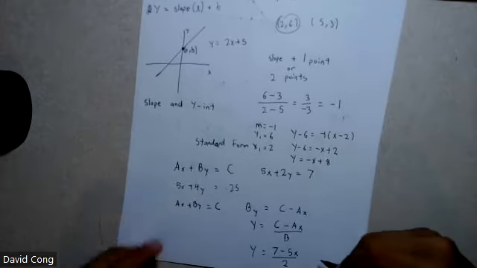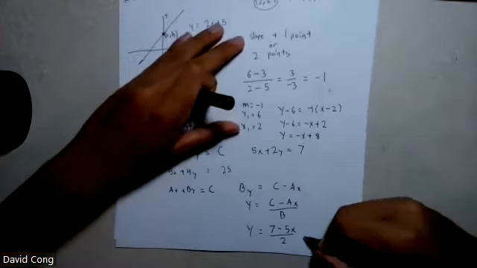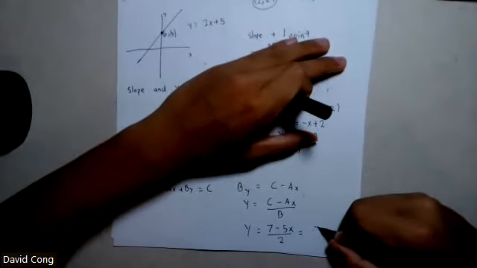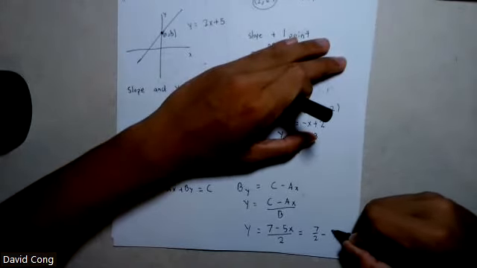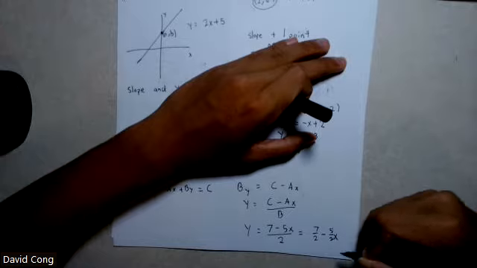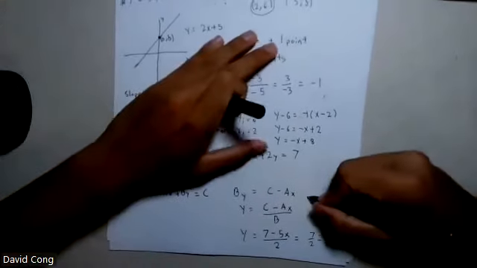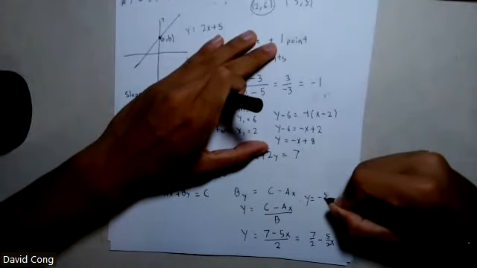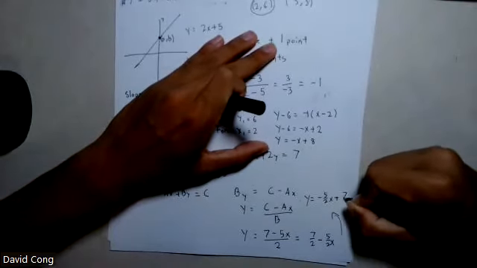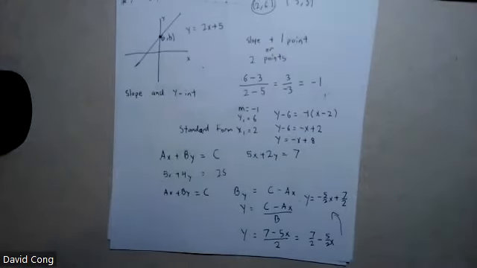We want to convert it to slope-intercept, which is 7 halves minus 5 halves x. And that, I'll put it here, is equal to y equals negative 5 halves x plus 7 halves. So now we converted that to slope-intercept.